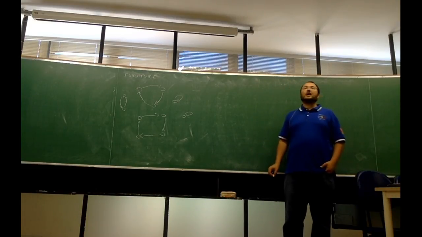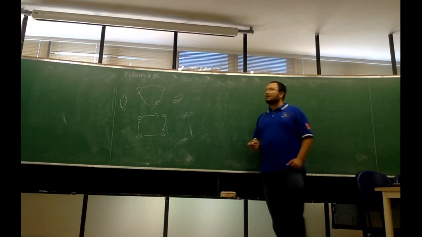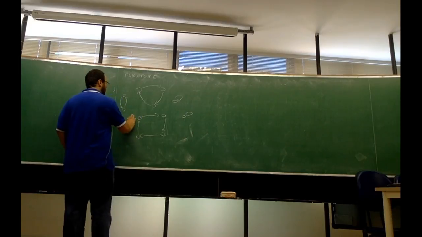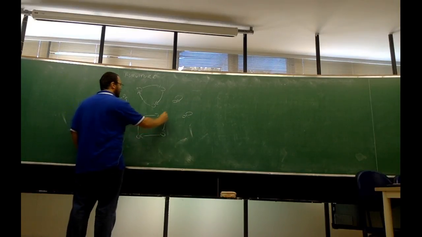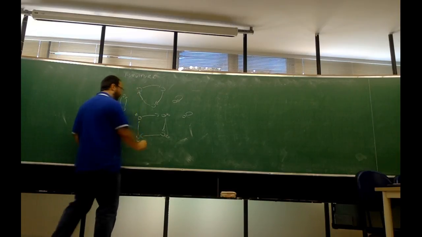So this is the situation. To start solving this problem, let's focus just on a single cycle. So maybe the weights can be something like 10, 70, 20, and 40.